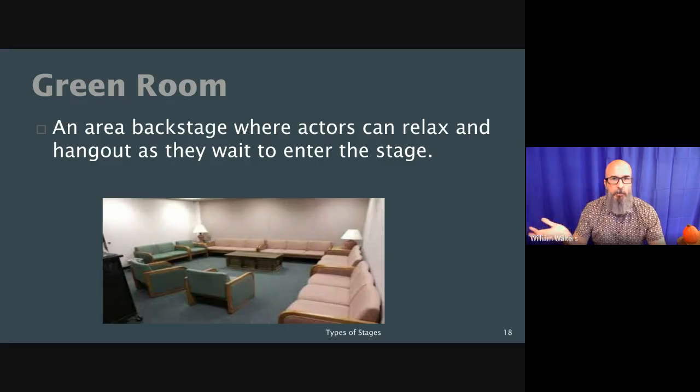I think the story goes that the first area where actors used to relax happened to be green, and that's how the green room thing caught on. But most green rooms are not green. So green room on the left, an area backstage where actors can relax on the right.